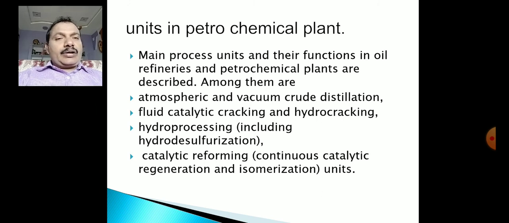Then in the chemical industry we have fluid catalytic cracking, hydrocracking and hydroprocessing, including hydrodesulfurization, catalytic reforming, continuous catalytic regeneration, and isomerization units. These units play an important role in a petrochemical plant to separate different elements from the major hydrocarbons.